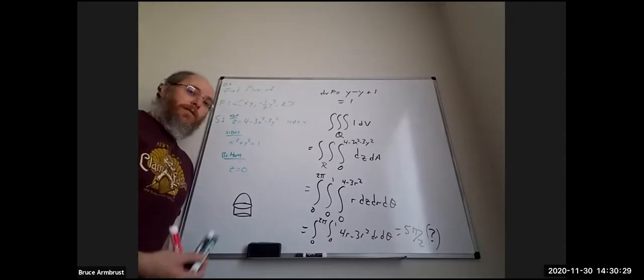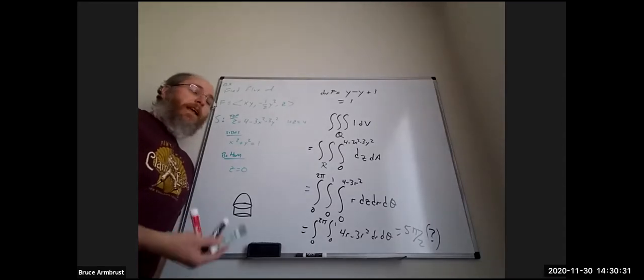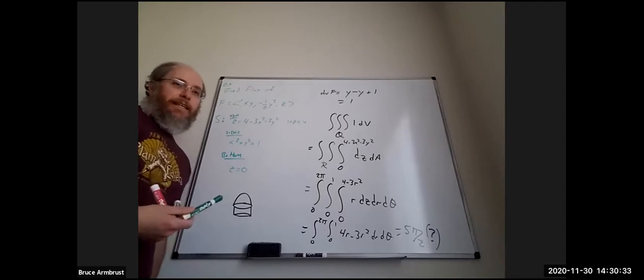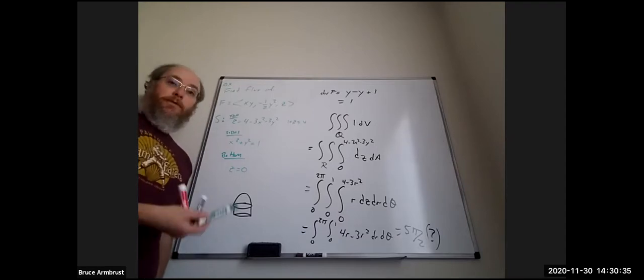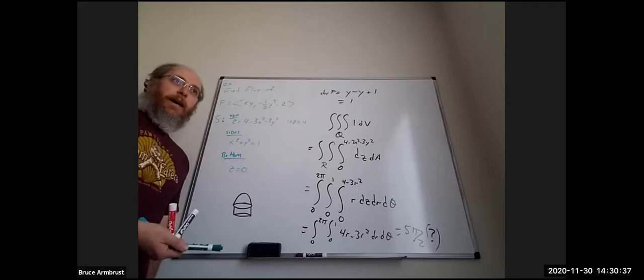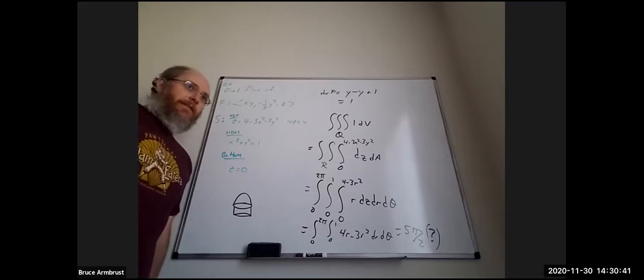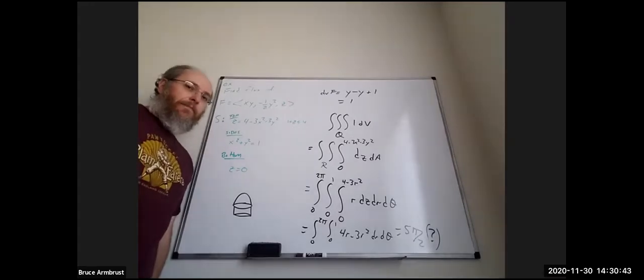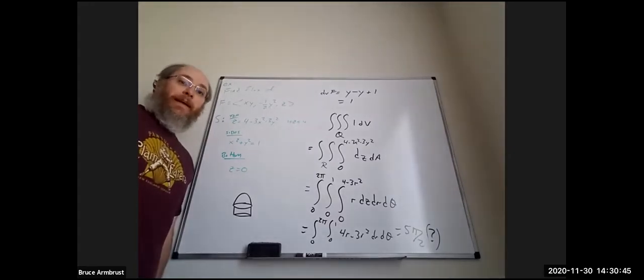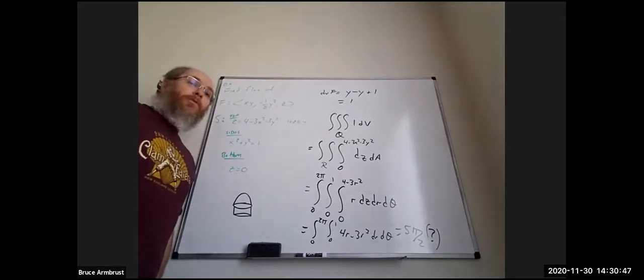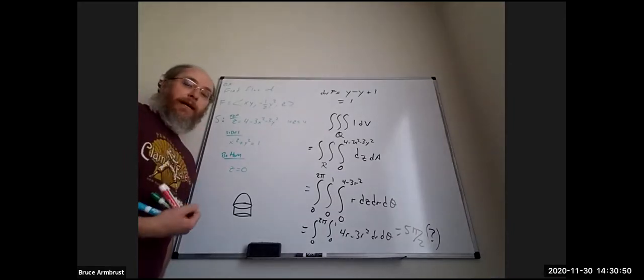Okay, so there's a source inside. If you go back and look at the example that I did before this one with the unit sphere, we got a value of negative, I think it was negative 4/3 pi. So think about what that meant for that one. That meant more was coming in than going out.